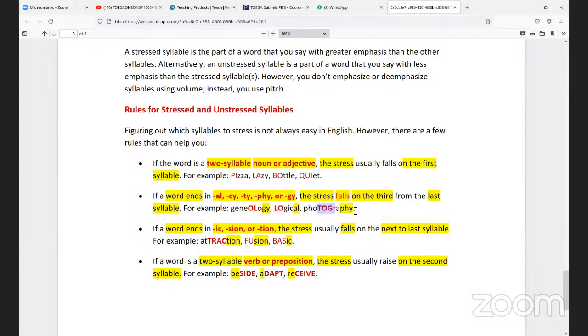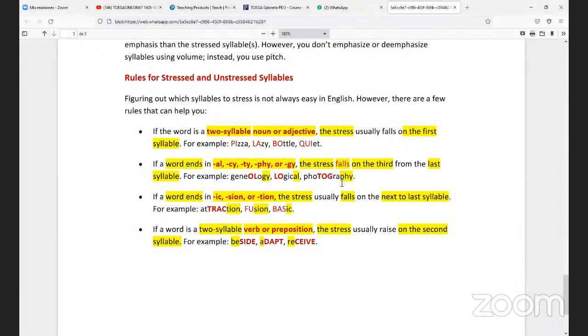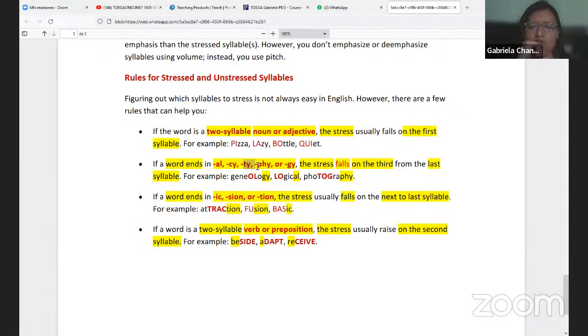Photography. We're going to say photography. We don't say photography, no. Photography. Okay, so always in the middle. Now, do you know other words that end with some of these? Yes. Biology. Excellent. What else?